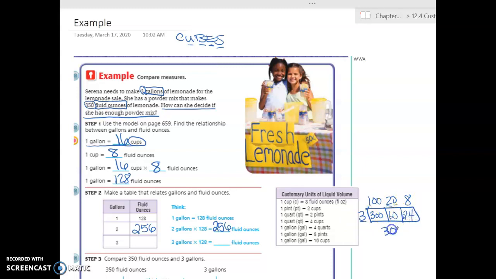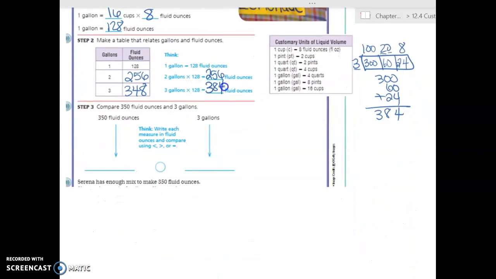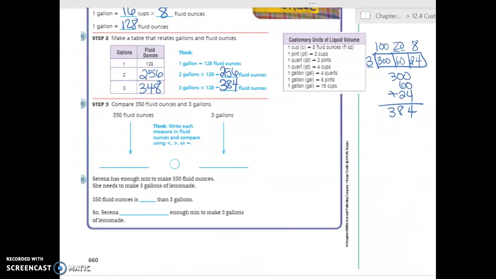And then we go ahead and add these together. And that will give us 384. So then we can fill this into our table. Now we can compare our answers. So on this one, we had 350 fluid ounces.